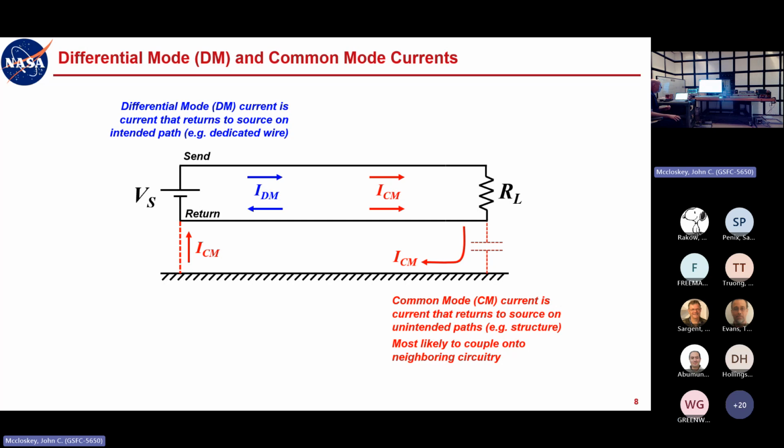The point here is that when you're making these common mode measurements, you've got to pay attention to the configuration. Do you have a shorted termination? Do you have an open termination? That's going to affect the profile that you measure as you move the current probe along the length of the cable.